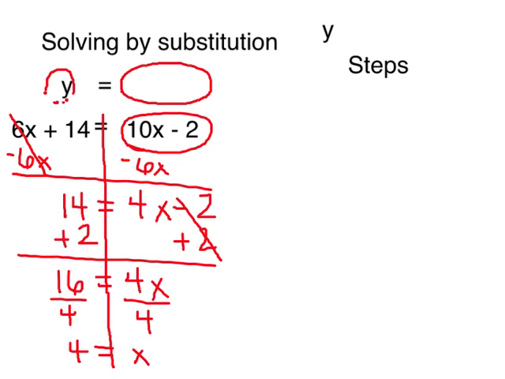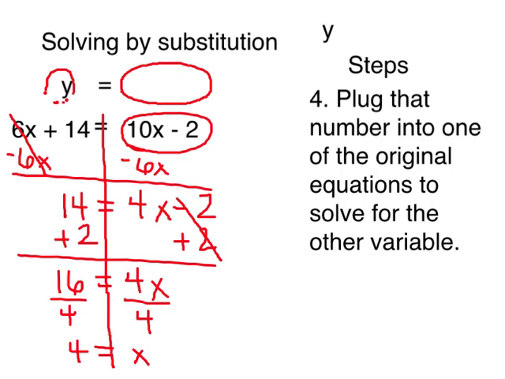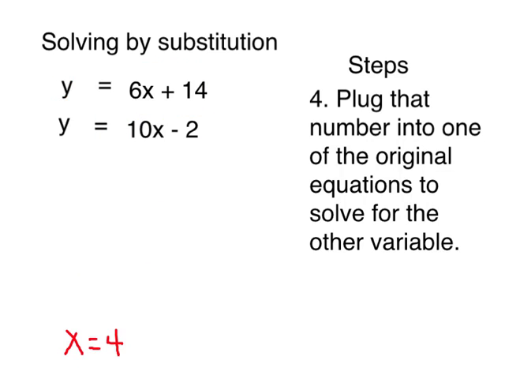Now I'm going to take this 4 equals x and I'm going to plug it in to one of the original equations to solve for the other variable. So I have my original problem there again, and I know that x equals 4.